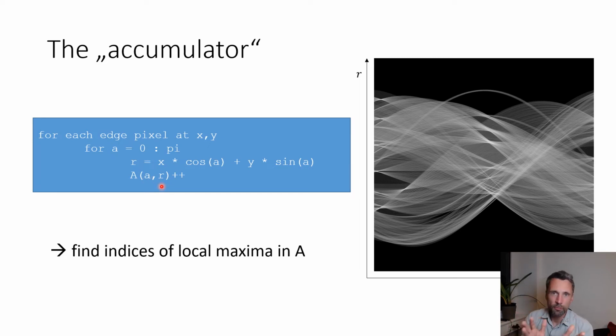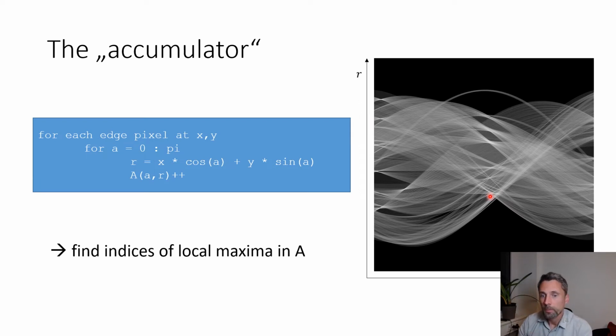And by doing that for all the edge pixels that we have, we'll basically paint the curves in the accumulator. And all those positions in the accumulator at A and R that have high values, these parameter configurations, are those that are supported by many edge pixels.